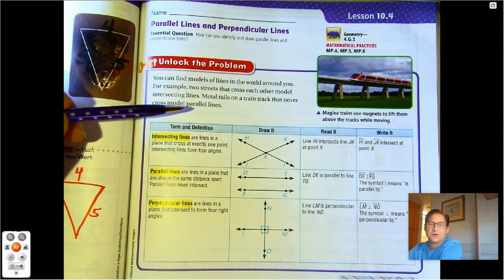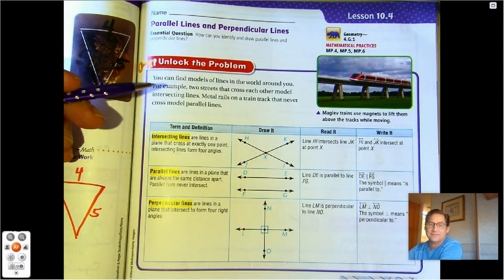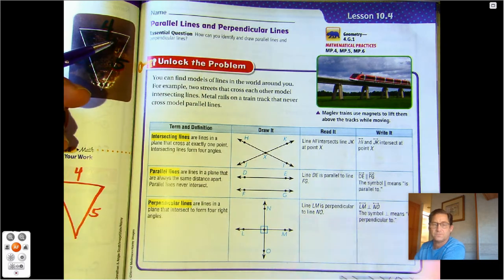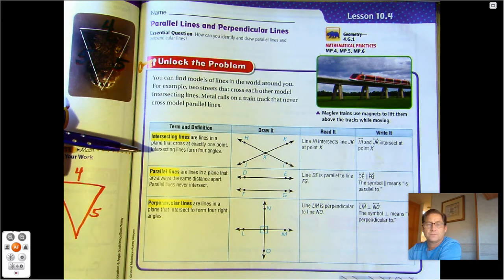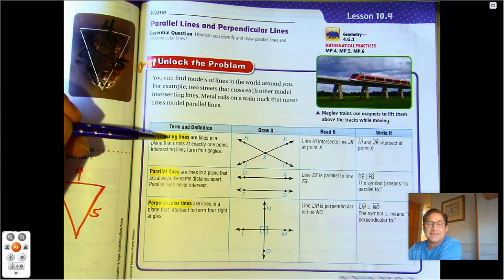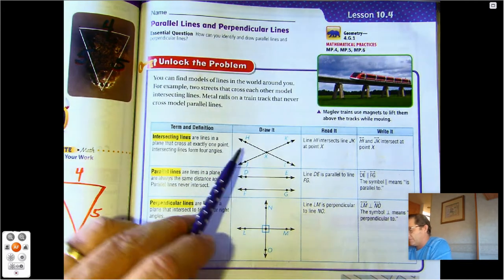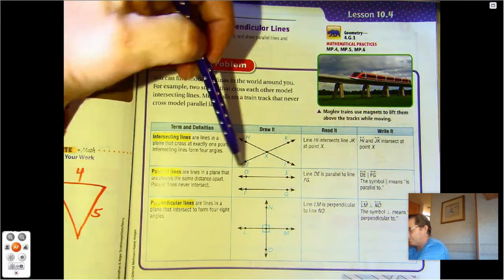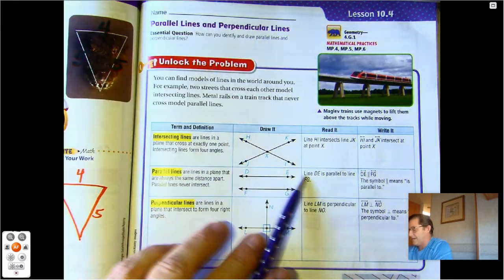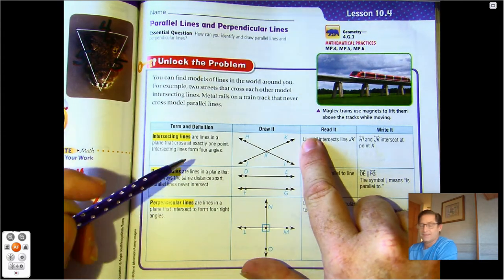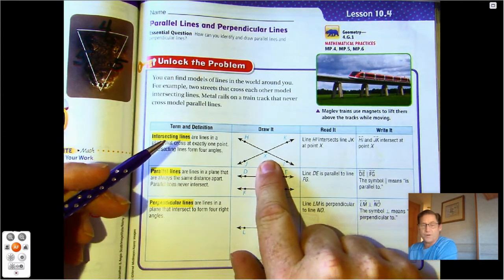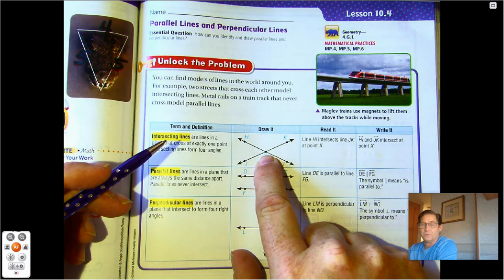Intersecting lines are lines in a plane, a two-dimensional plane, that cross at exactly one point. Intersecting lines form four angles. So here we see two lines, HI and JK, and they cross at this point right here in the middle.